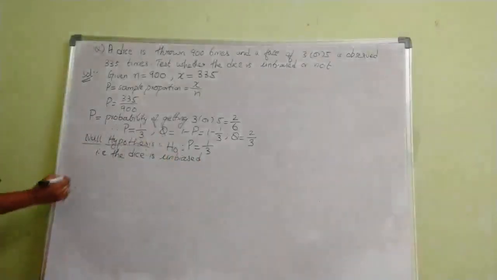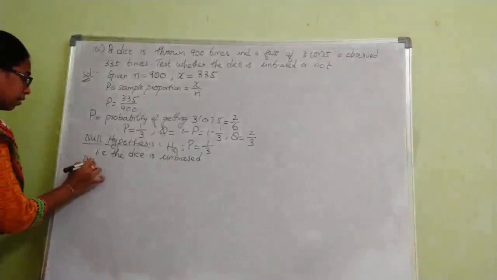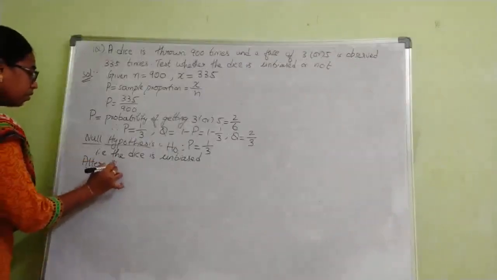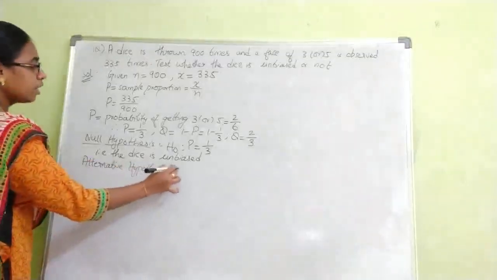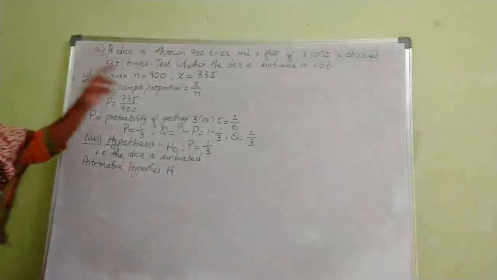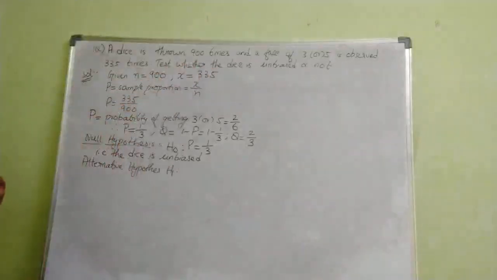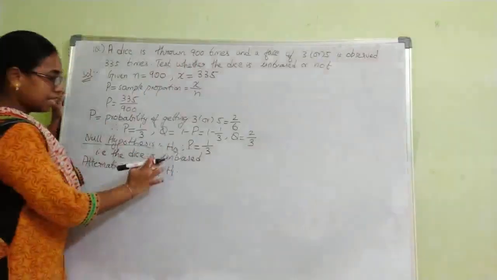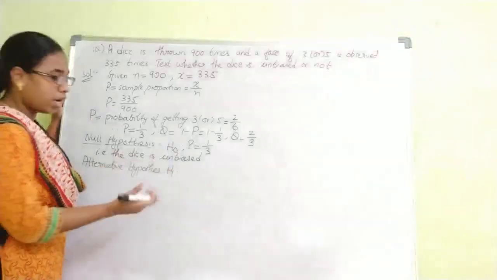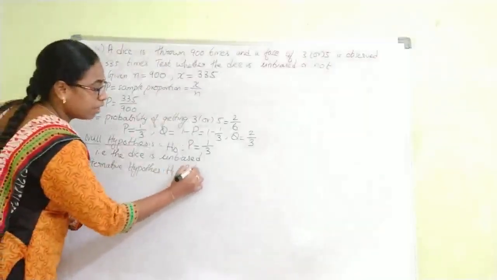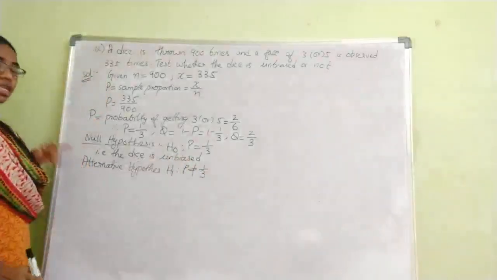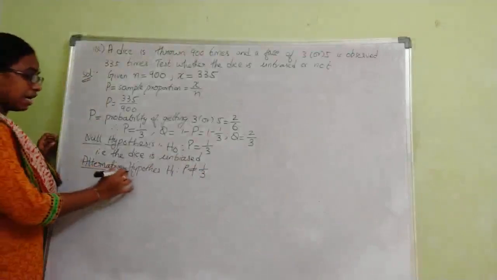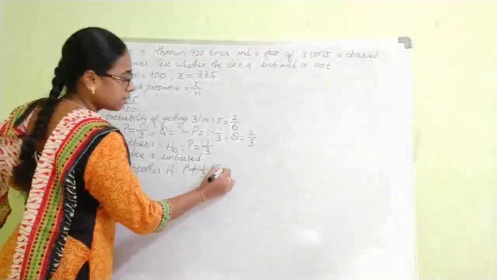Now write down the alternative hypothesis H1. Here they ask whether the dice is unbiased or not. Nowhere do you get the condition of less than or greater than. Here the dice is not unbiased. Not unbiased means p not equals 1 by 3. Whenever you get not equals in the alternative hypothesis, that is regarded as a two-tailed test.